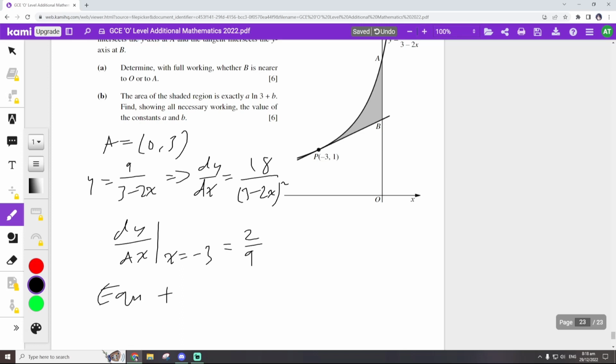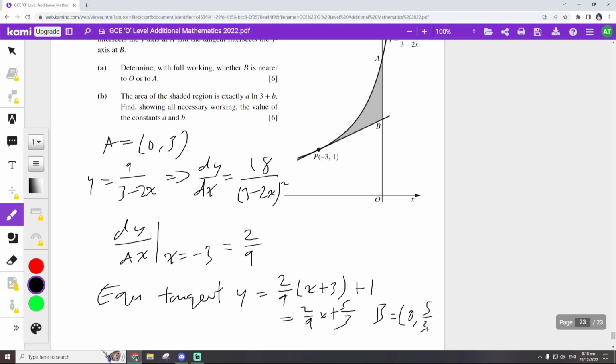So the equation of tangent is y equals 2 over 9 x plus 3 plus 1, which is 2 over 9 x plus 5/3, and therefore B is 0 and 5/3.